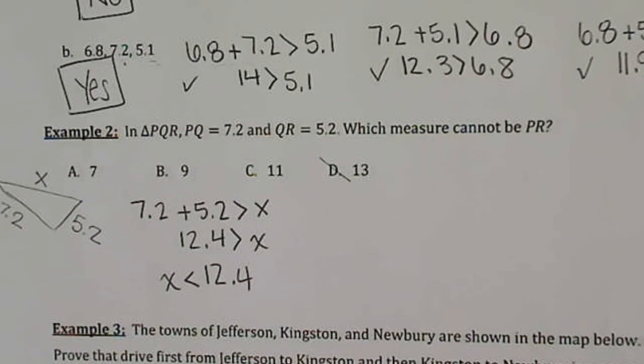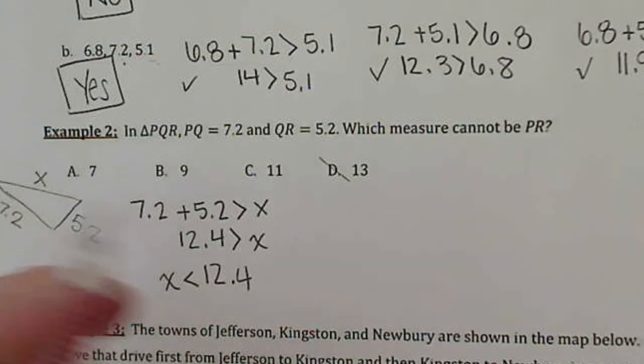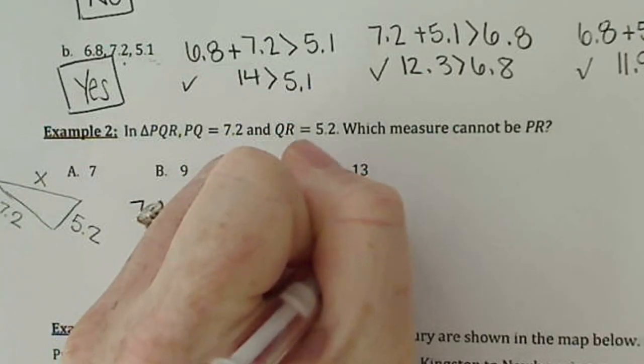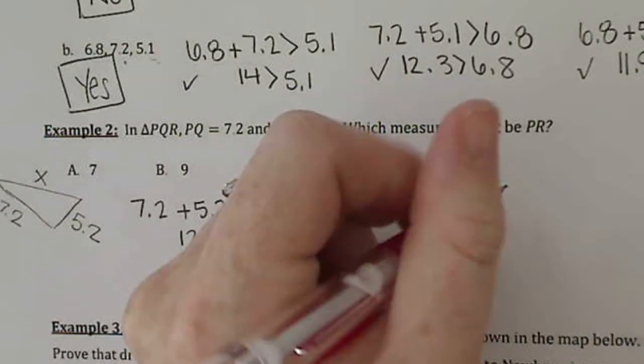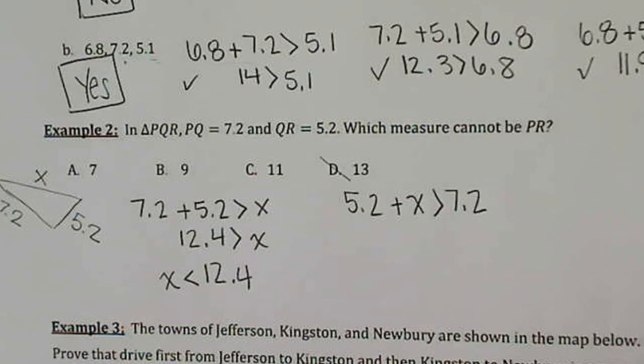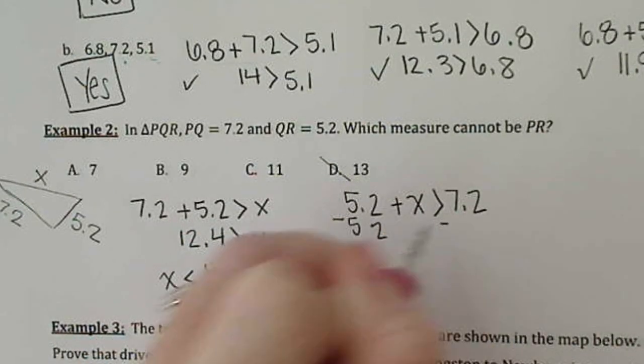Okay, let's take the other two sides. Let's take 5.2 and x and do the triangle inequality theorem. 5.2 plus x has to be greater than 7.2. Let's solve for x.